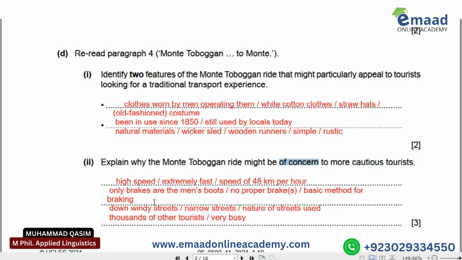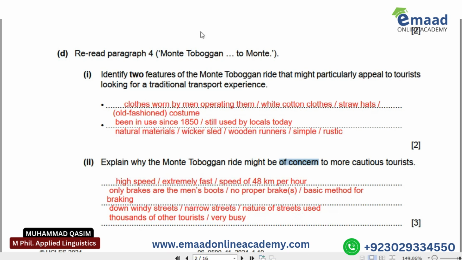They might have concern. It is extremely fast, at 48 kilometers per hour, and on narrow, windy streets, with a basic method for braking. There are no proper brakes, only the men's boots work for brakes. Very busy, thousands of tourists use it. The nature of streets where we can use it, there is a rush.